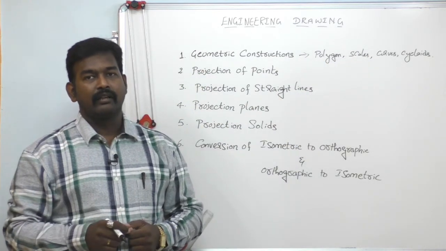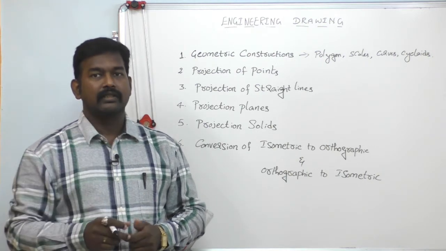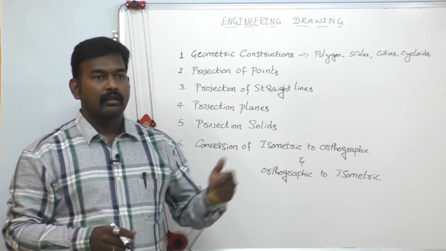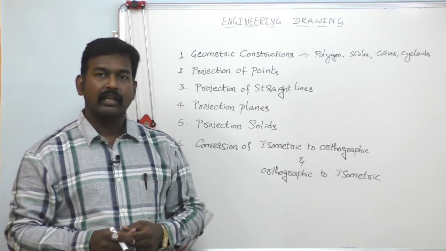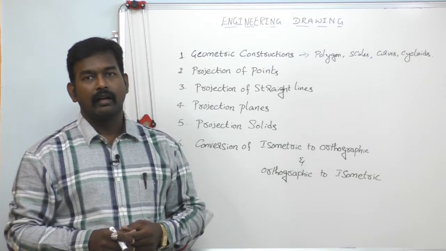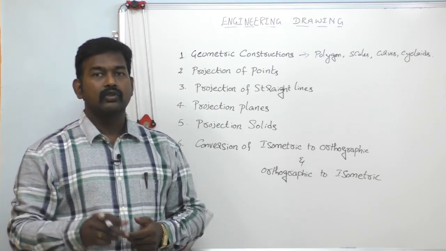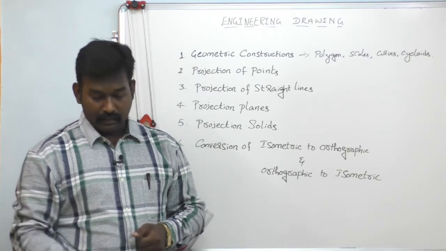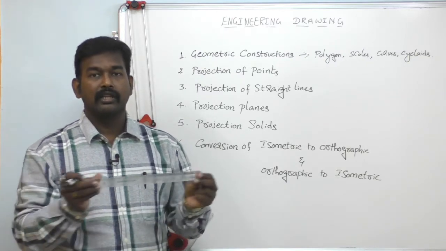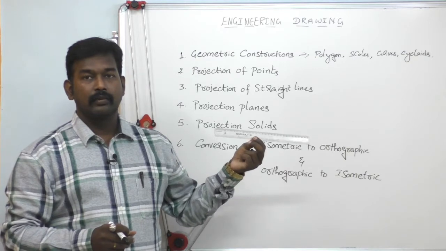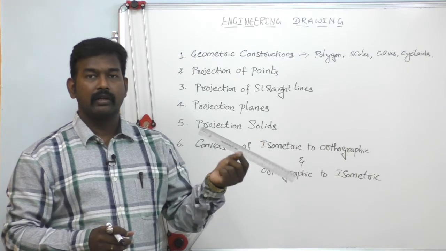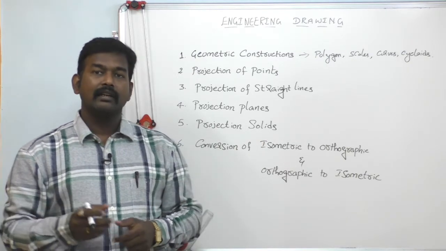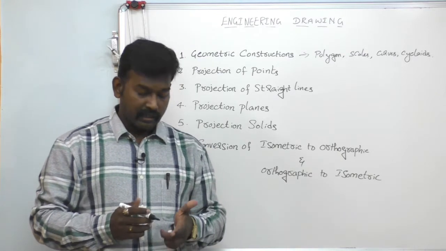Here we have many kinds of scale topics: plane scale, vernier scale, diagonal scale, and enlarging scales. What is meant by plane scale? That means using a steel rule, the normal scale we use in day-to-day life. So what do enlarging or decreasing scales mean?